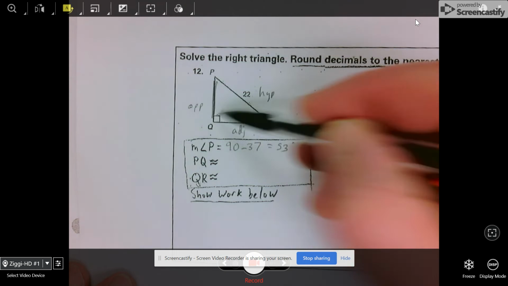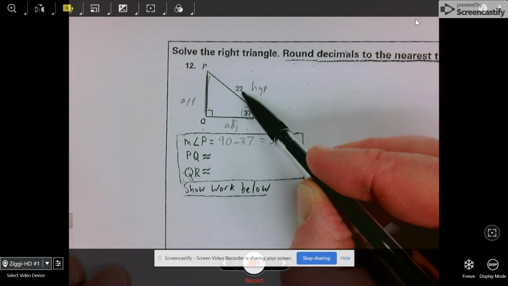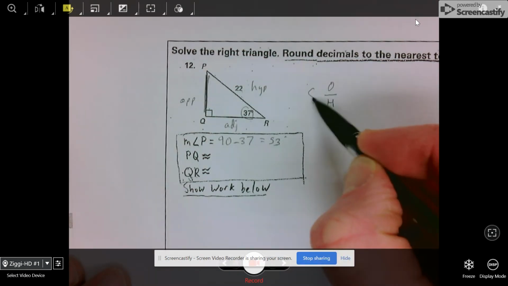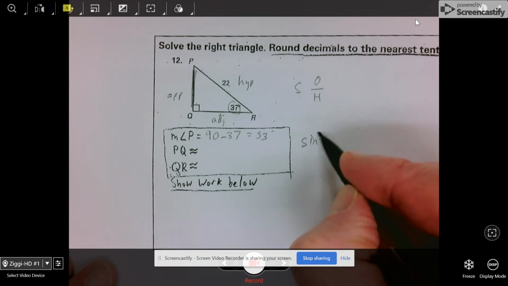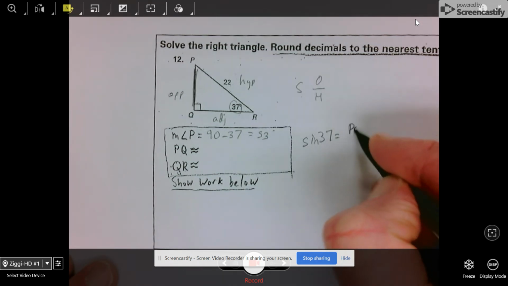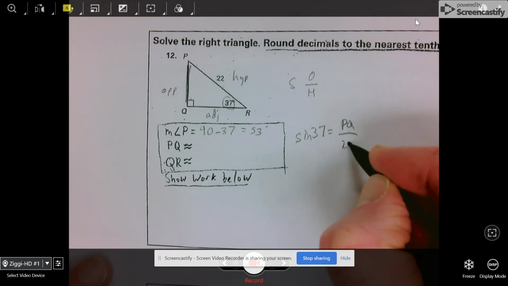To find PQ, that is the opposite side, and I know the hypotenuse. If I know the opposite and the hypotenuse, then I'm using sine. So the sine of 37 equals the opposite, which is PQ, over the hypotenuse.